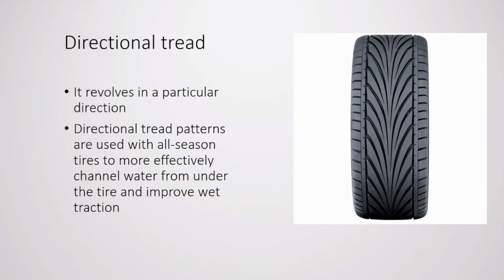So once we apply it in the wrong direction, let's say the tire is recommended to rotate clockwise, and we have attached it in the counterclockwise direction. Normally the direction can be taken as the forward direction, right? So once the vehicle is moving forward, we can take the rotation direction. But suppose we have intentionally or unintentionally swapped the tires where the rotational direction does not match the manufacturer's standard.